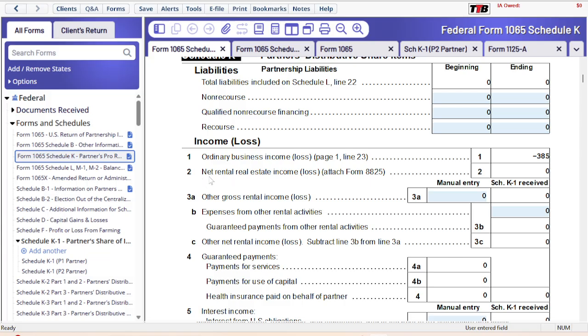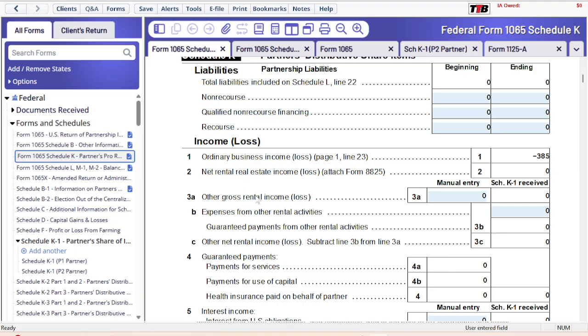Net rental real estate income or loss is the profit or loss, not income and expenses, but the profit or loss from that line 23 of Form ADA 25 will come here for all the properties. The profit or loss from it will come on line 2 here.